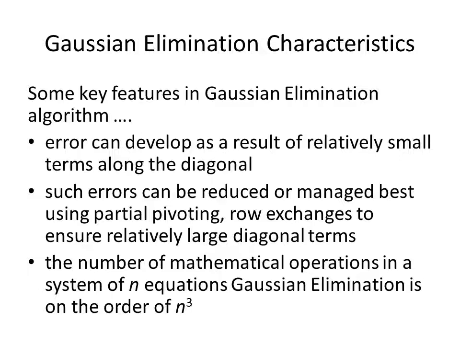One of the other characteristic features of Gauss elimination is that when you have n equations, Gaussian elimination typically has the number of operations involved being of the order of n to the third. So when we go up from, we've only dealt with 3 by 3 matrices, but when you go up to very large models, the number of mathematical operations in Gaussian elimination becomes huge when you have to cube that number of unknowns.